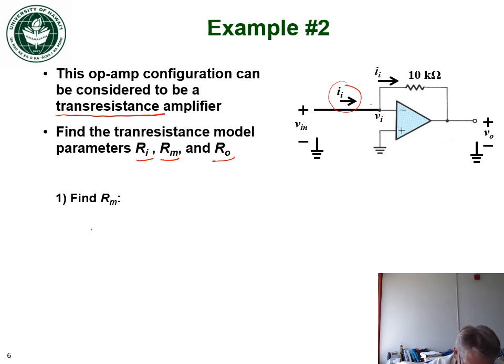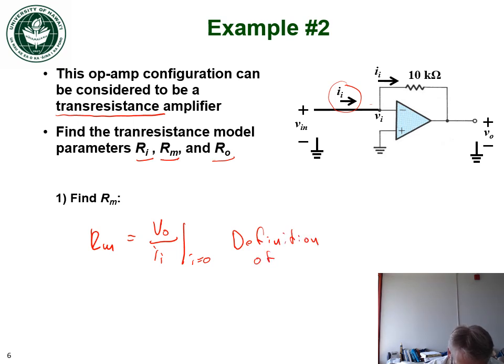By definition, the trans resistance Rm is equal to the output voltage divided by the input current when the current at the output is equal to 0. This is the definition of Rm.